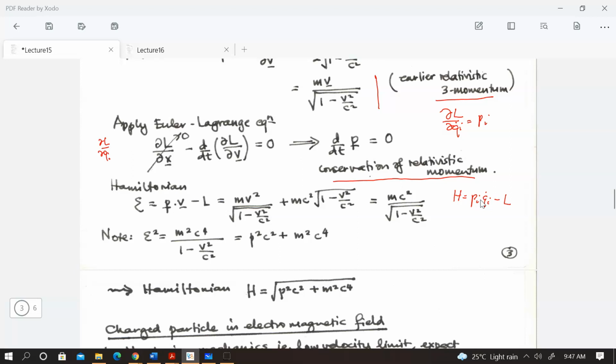Your p essentially is the relativistic momenta over here. So you just dot with that v, okay. So you get mv squared over the square root, which is really related to your relativistic kinetic energy, okay. And then minus L. Okay, remember your L is essentially minus mc squared times the square root of 1 minus v squared on c squared. So your minus and then your minus over here will give you a plus.